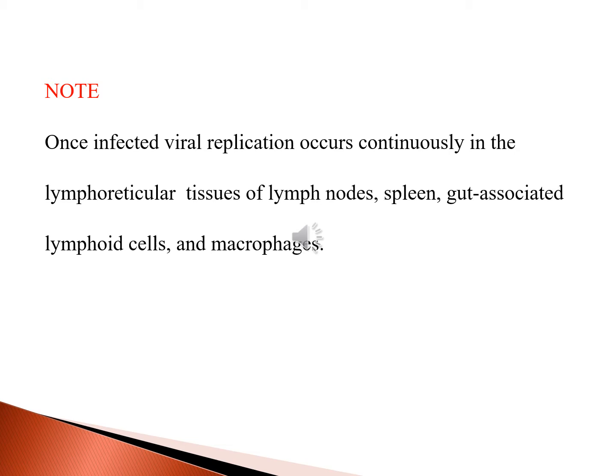So once a person is infected with HIV, the virus keeps on replicating in the reticuloendothelial tissues of lymph nodes, spleen, gut-associated lymphoid cells, and in cells of macrophages. There is a continuous replication of the virus.